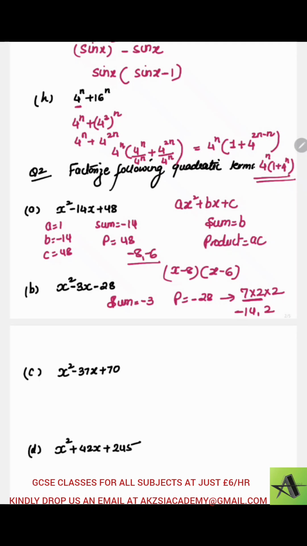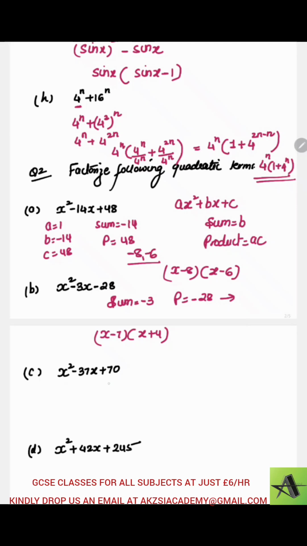No, it's not giving you minus 3. 4 and 7, the bigger number has to be negative. Minus 7 plus 4 is negative 3. That means our two numbers are negative 7 and 4. So here, since a is 1, I'm directly writing x minus 7 times x plus 4.